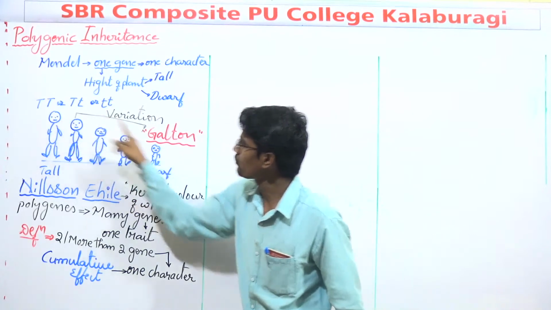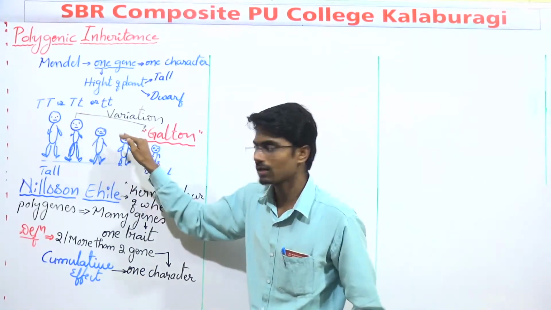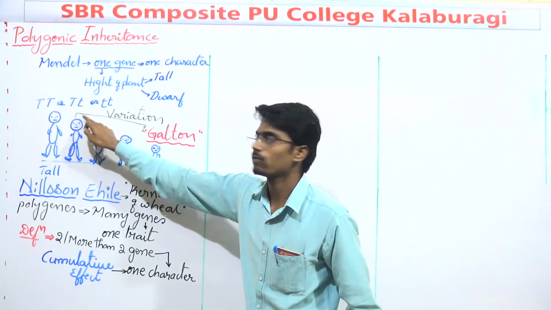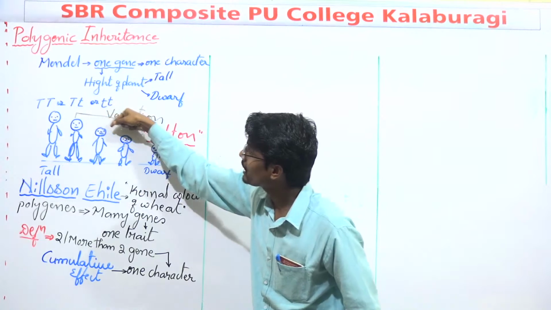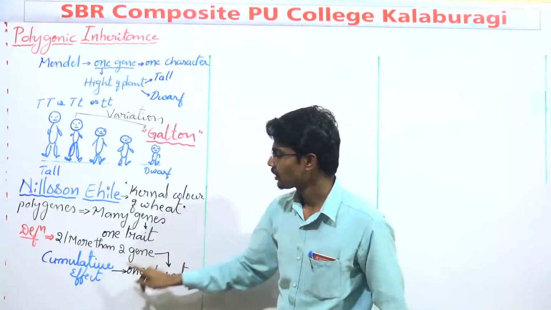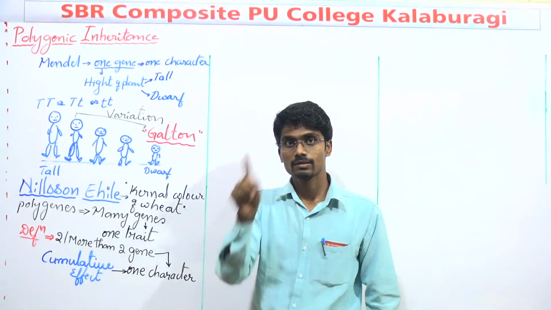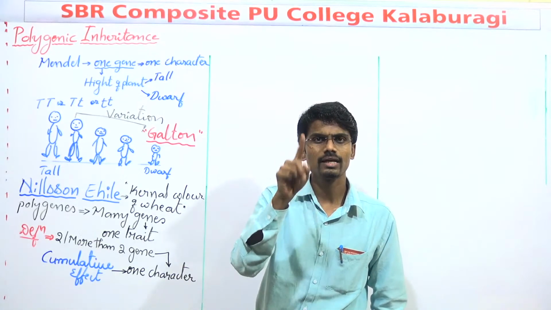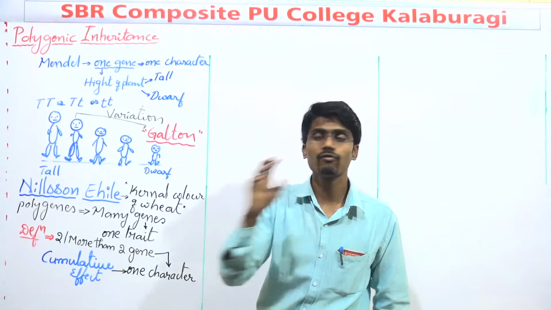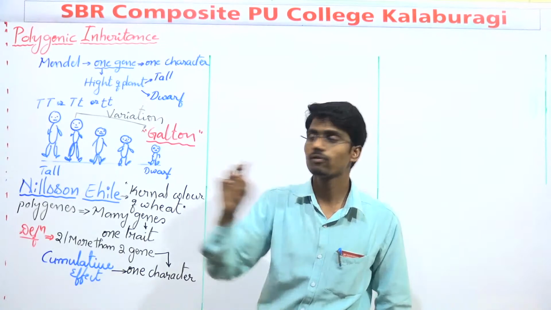In between 6 and 4 there is a variation. He is 5.5, he is 5, he is 4, is it? Such slight variation is known as cumulative effect. A single trait shows cumulative effect. That is the main feature of polygenic inheritance.